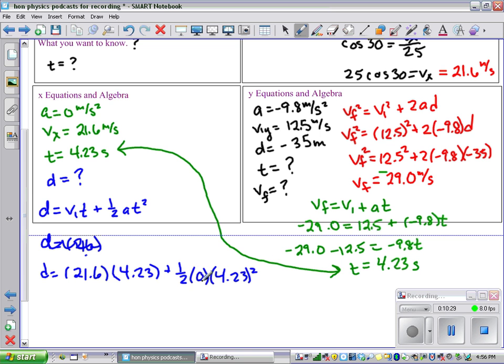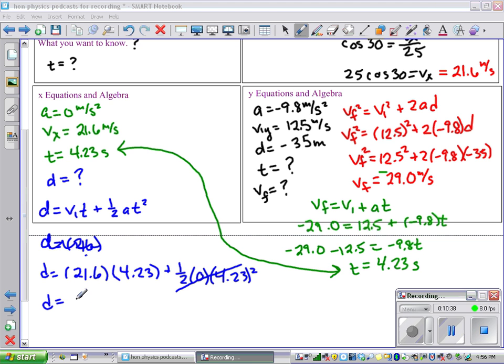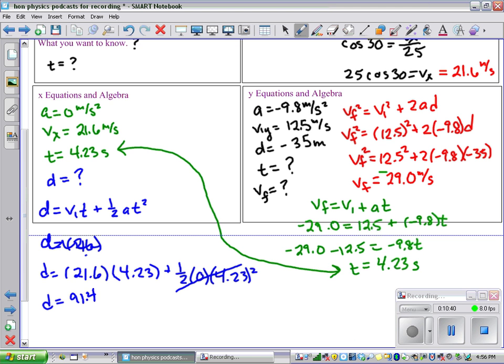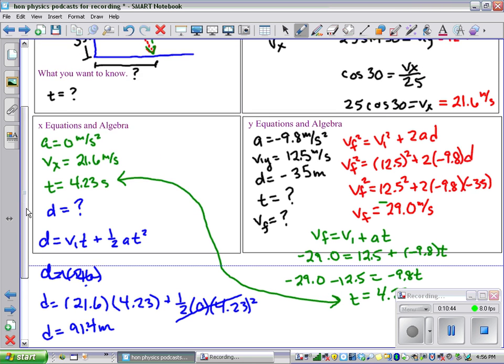So since this is 0, anything multiplied by 0 is 0, so that whole term goes away. So D is equal to 91.4 meters. So let's go back to our picture.